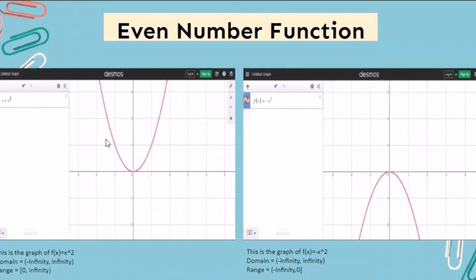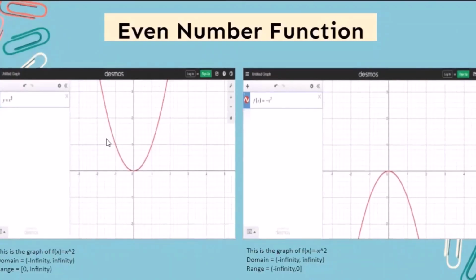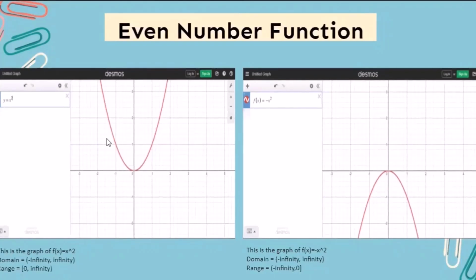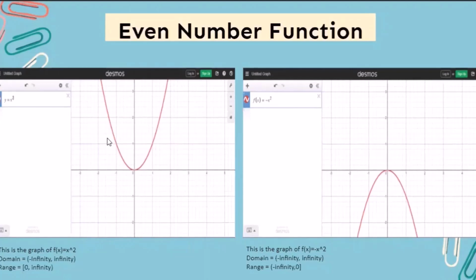Even function. This is the graph of f(x) equals x to the power of 2. It makes a curve that goes to the top, and the domain is minus infinity to infinity, and the range is 0 to infinity.